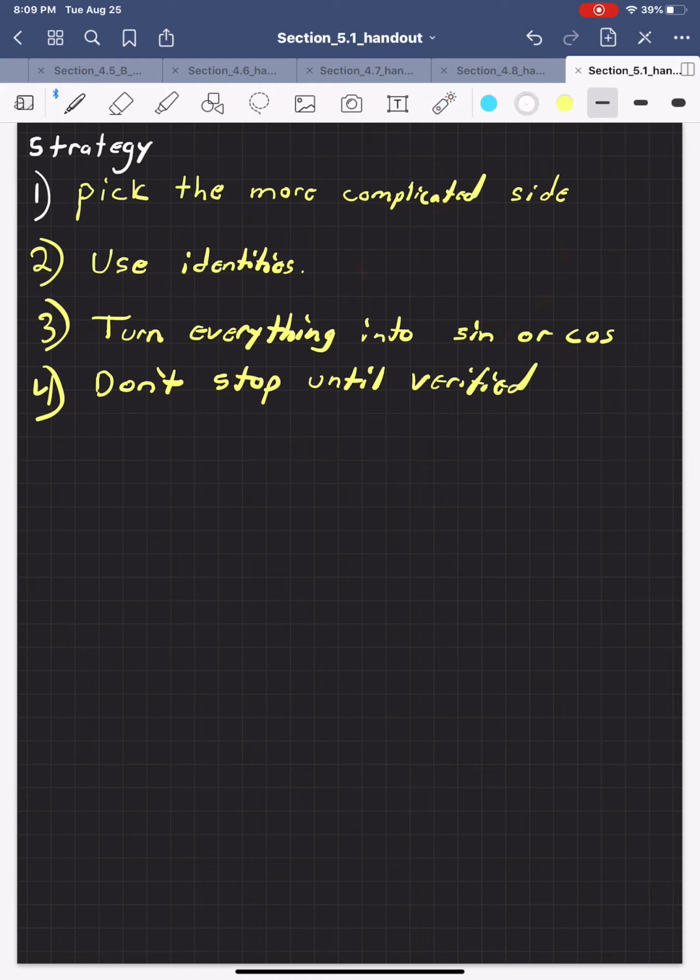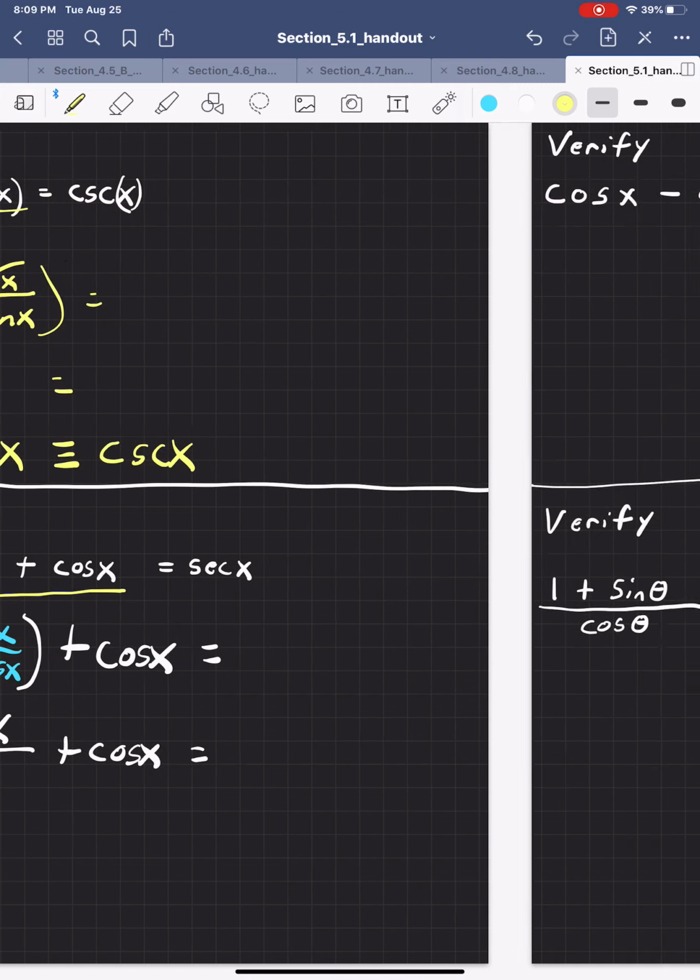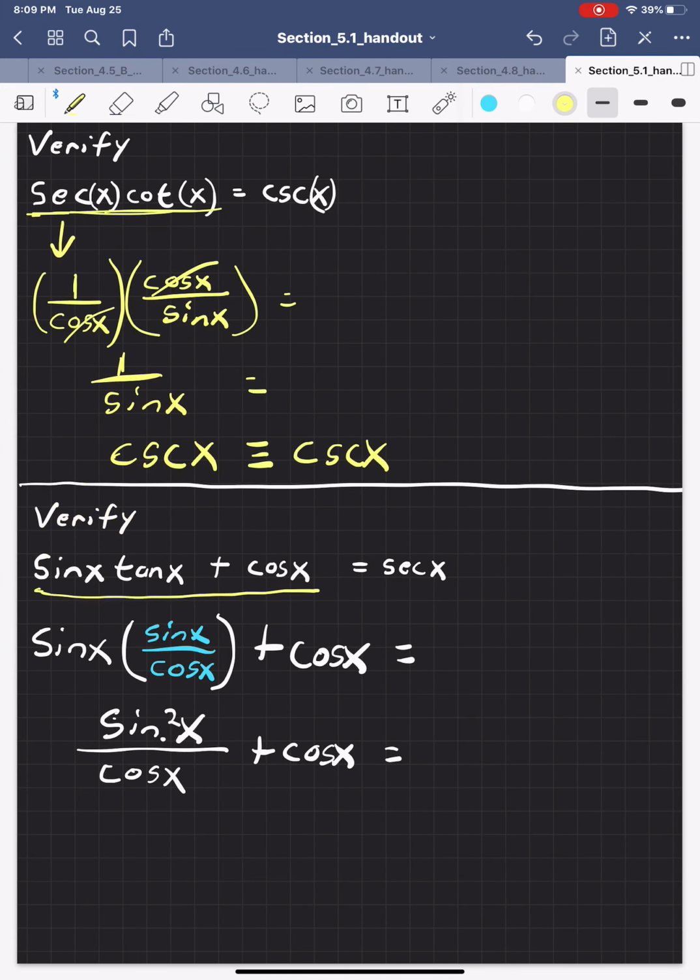Well, another option, you can always combine fractions. That's allowed. So in this case, we would be allowed to combine these two.